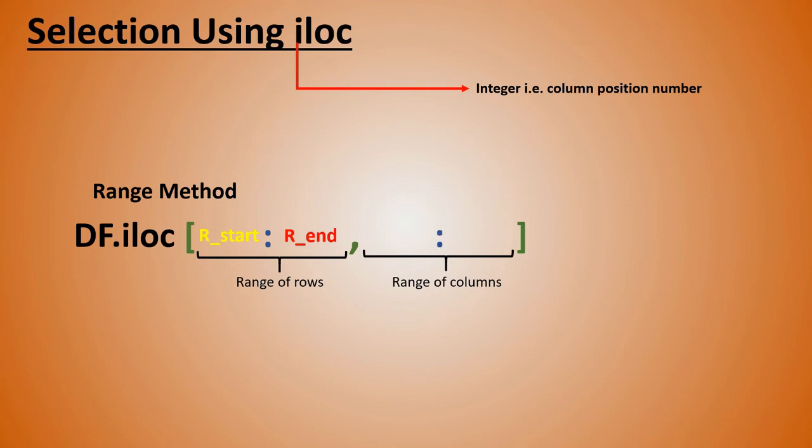For columns also we will do the same thing. We will put a colon, and at the left we need to put the column start number, and at the right side we need to put the column end number. Let's go to the Python IDE.